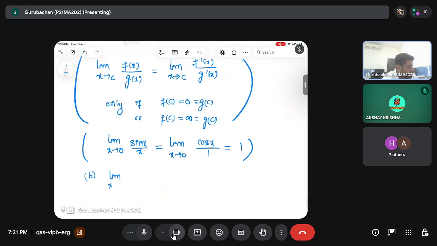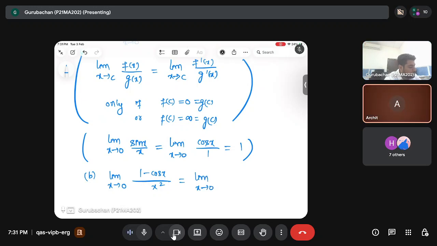In the same way you can apply it to the second one. Limit x tending to 0, you have to calculate 1 minus cos x divided by x square. Now substitute x equal to 0 in the numerator and denominator separately. Will it give you 0 by 0 form? Yes. So when you differentiate, it will be sin x divided by 2x.